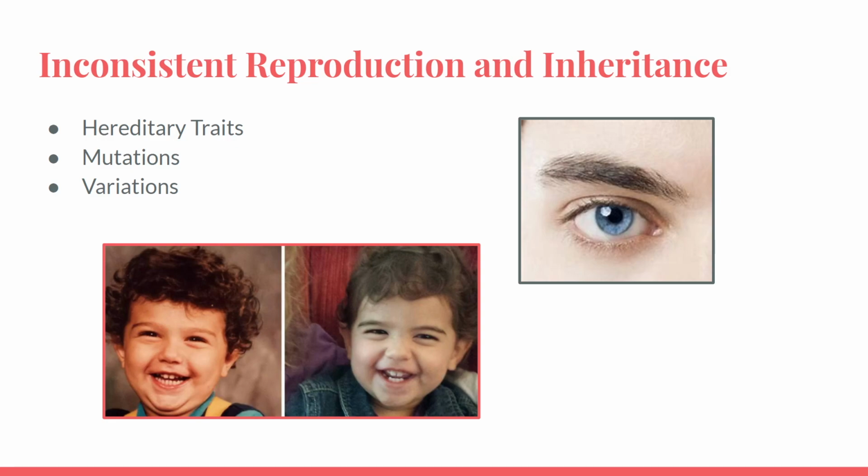So through mutations and variations, after many many generations, the most recent generation may look nothing like their ancestors just because of combinations in the gene pool. So this really allows a species to evolve over time. Just the fact that it can take traits from different members of its population and become something else. So that is a key principle of evolution.